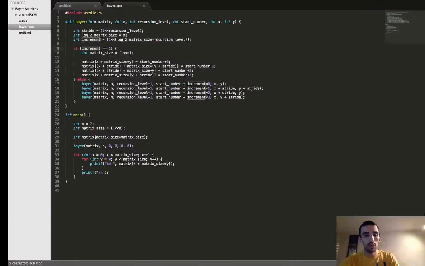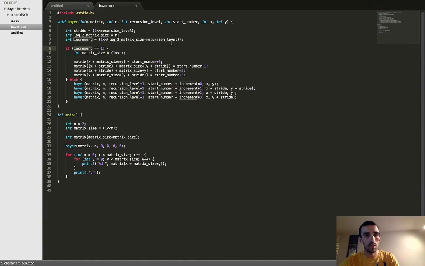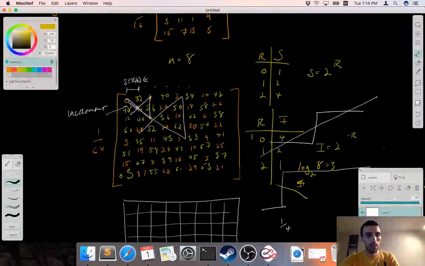So actually my increment should start at... Yo, my increment is way wrong here. Isn't it? At recursion level 0, my increment has to be 16. Oh my goodness.